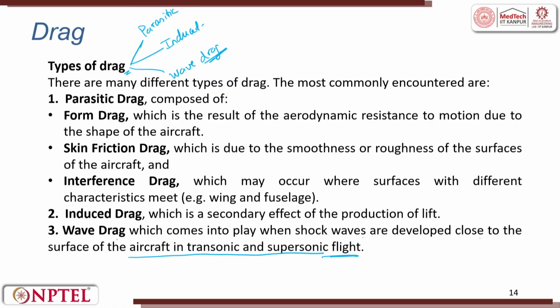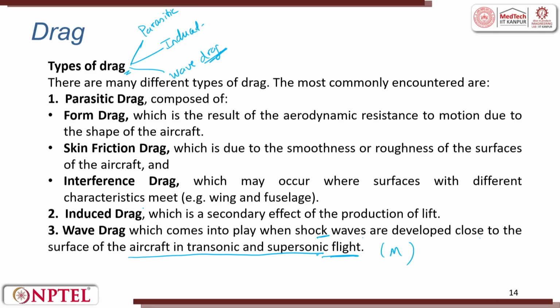So, that is wave drag, which comes into play when shock waves are developed close. Shock waves are a disturbance in the wave. So, that is called shock waves developed close to the surface of the aircraft, right. So, it operates at very high speed, supersonic. We discussed Mach number. So, in the Mach number classification, we have seen supersonic.